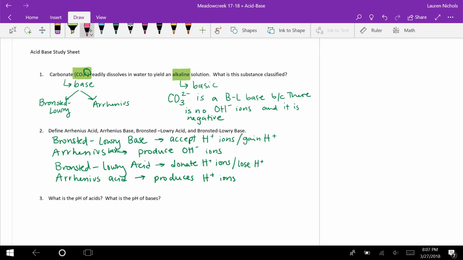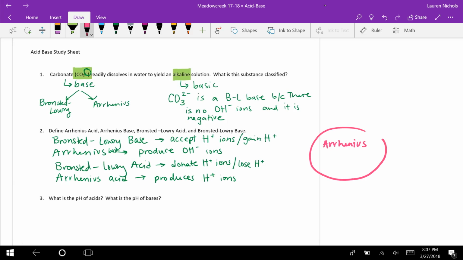One thing that I would like to say is that with the Bronsted-Lowry versus Arrhenius thing, I know it can be confusing when you're thinking about how do you really tell the difference. So timeline-wise, Arrhenius came first. Let's say the circle represents his definition of acids and bases.